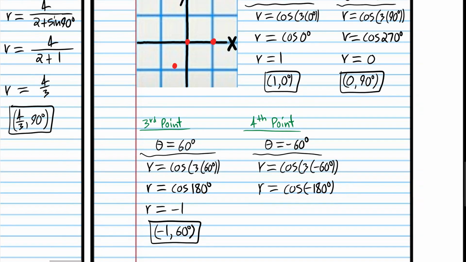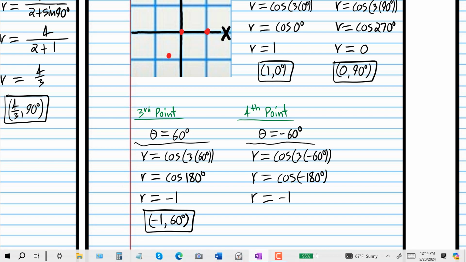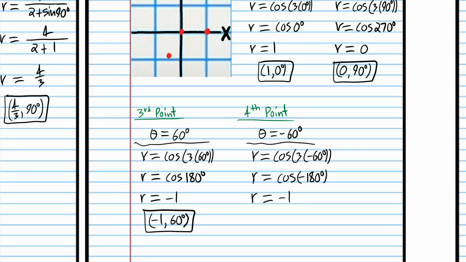We must use parentheses when you're writing a negative angle inside a trigonometric function. So cosine -180 is also -1, but it's a different angle. It's not positive 60 degrees, it's negative 60 degrees.